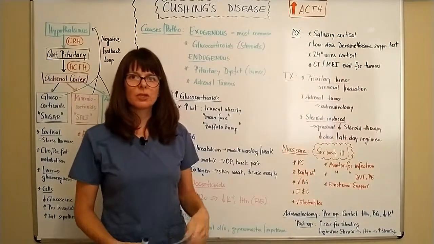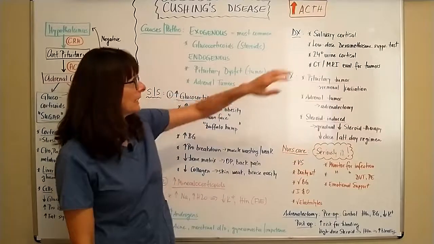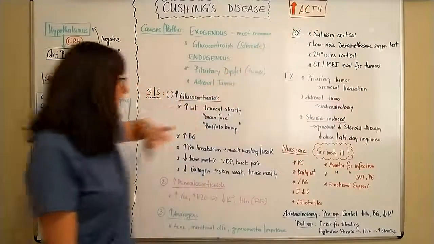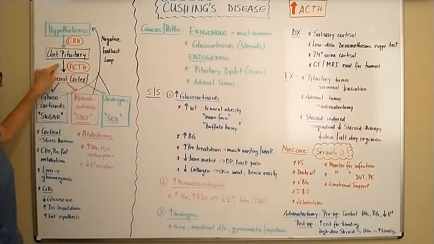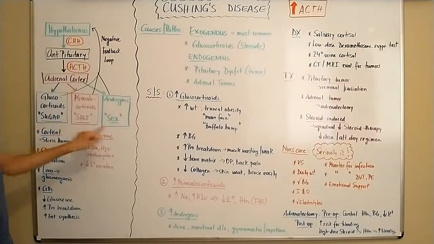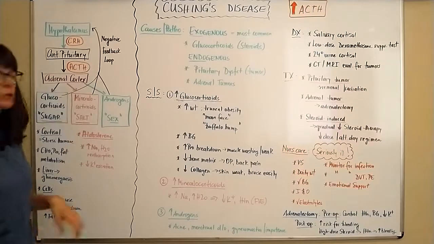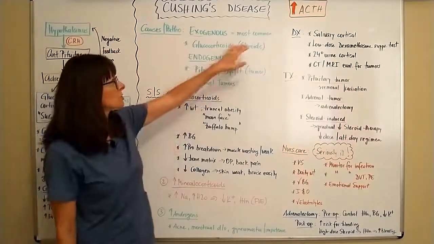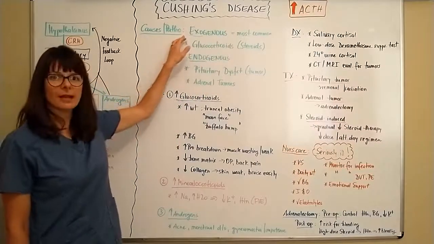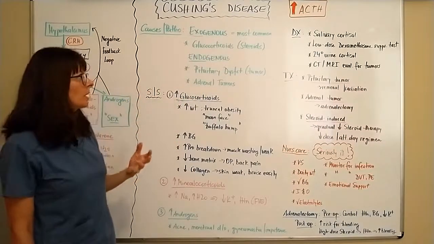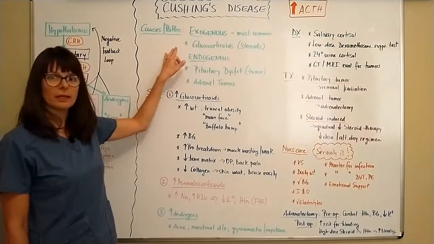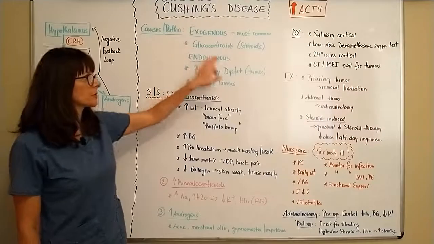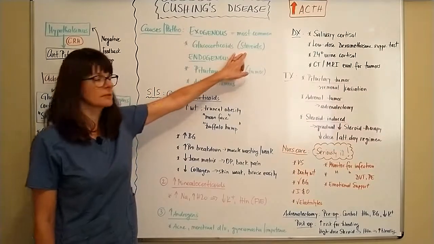So now let's look at Cushing's disease, which is an increase in adrenocorticotropin hormone. Now everything here will be increased, which means that sugar, salt, and sex hormones are all going to go up. Causes for Cushing's disease most commonly are exogenous in nature, meaning coming from outside the body, and the most likely culprit is the chronic administration of glucocorticoids, also known as steroids.